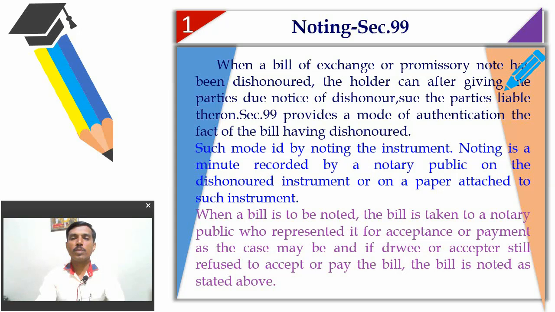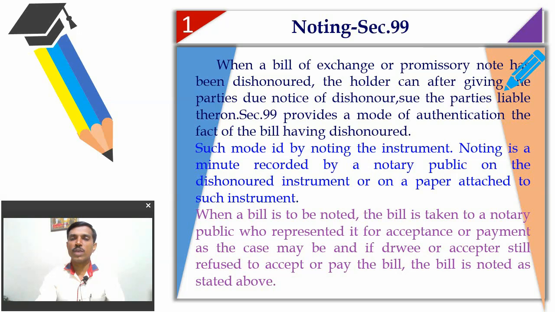But in a bill of exchange, whenever the payee suffers damage from the dishonor of the negotiable instrument, at that time he needs to have the instrument noted under section 99.